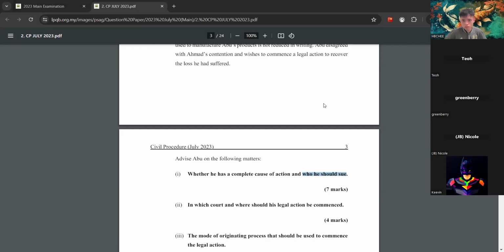Okay, we come to the answer one by one. So first thing is whether Abu has a complete cause of action. What do you all think should be included as part of your answer?